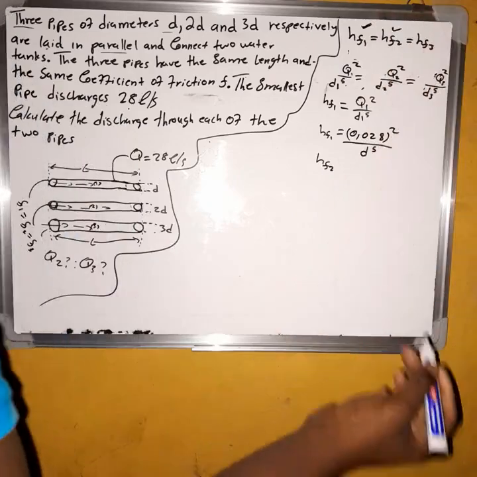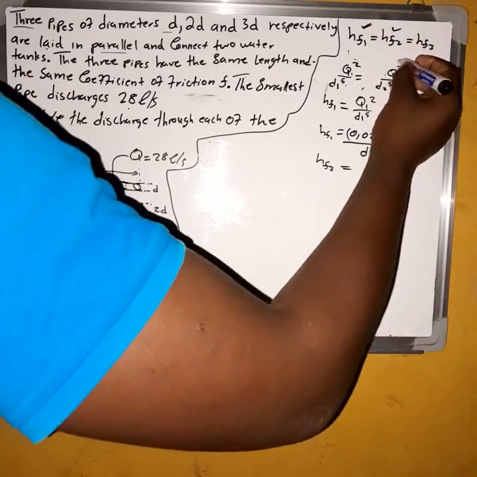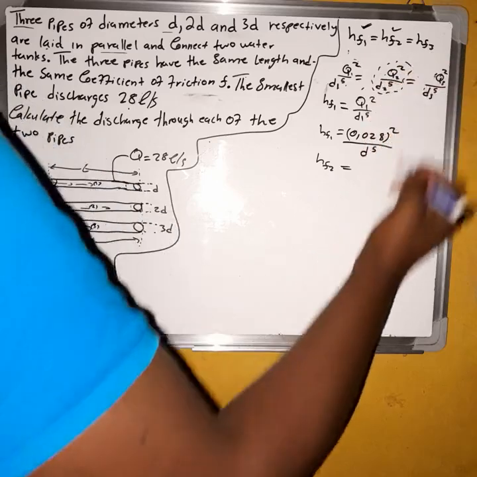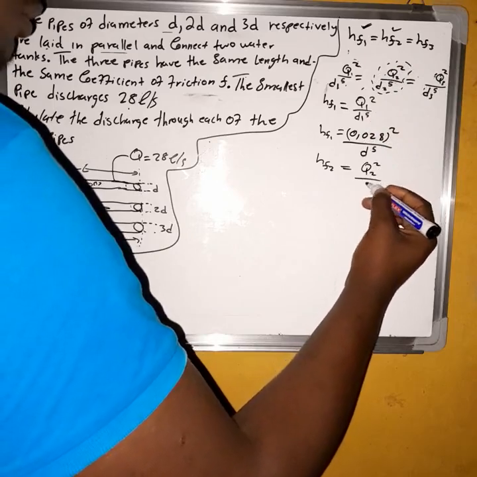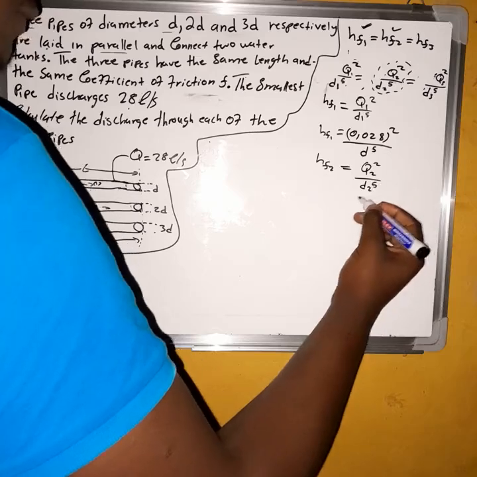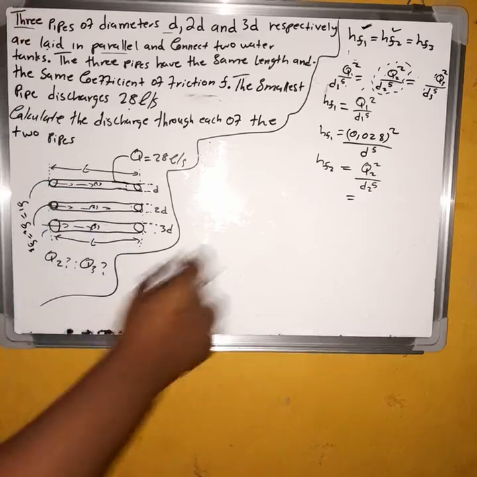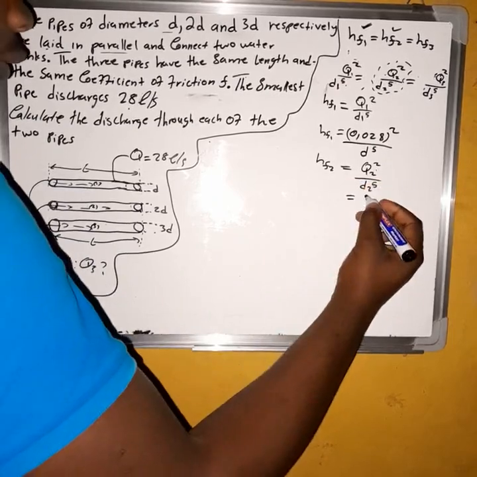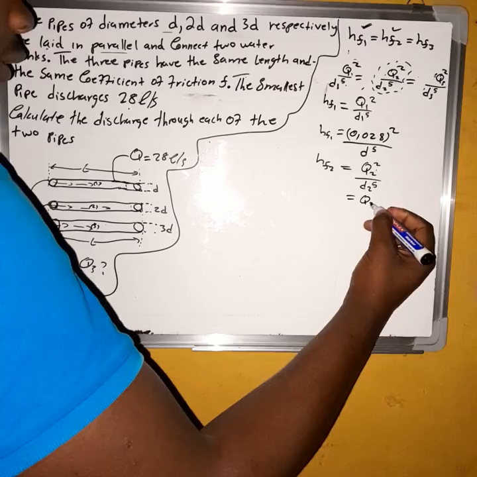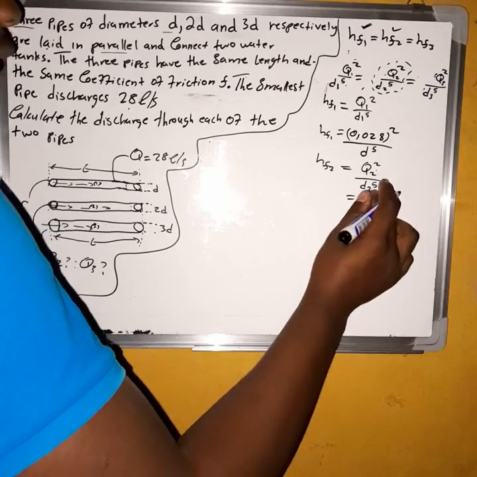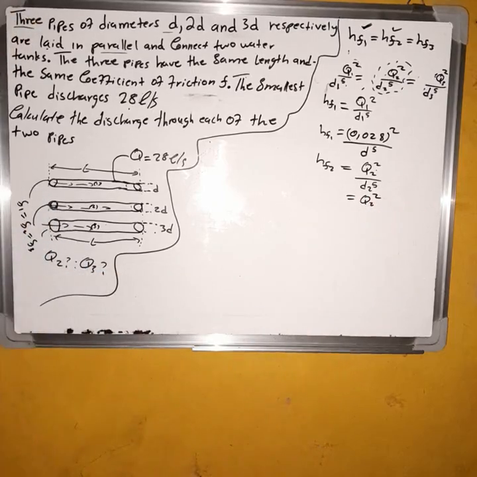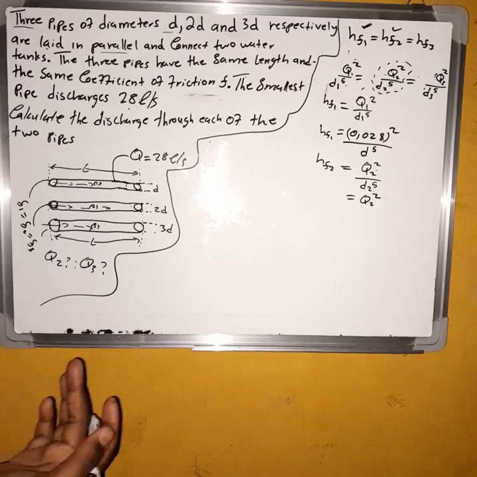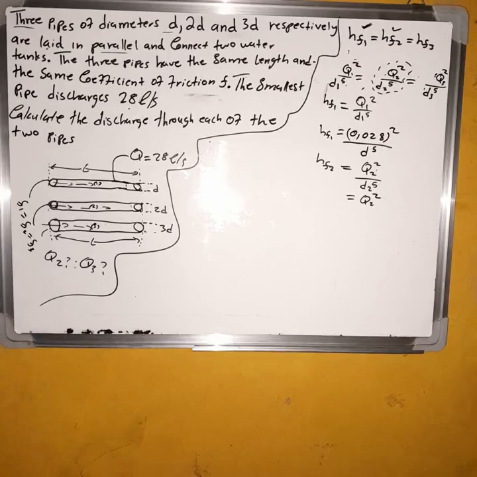Let's check HF2. Take this: Q squared over 2D2 raised to the power 5. We don't know Q2, isn't it? It would be Q2 squared. We don't know this one.